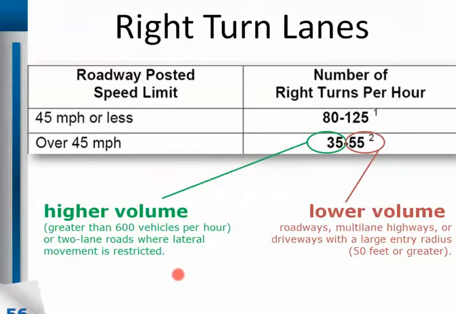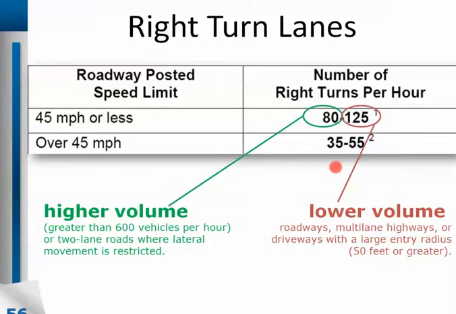So if it's high speed, high volume, it would be 35. If it was a lower volume roadway, then you might even go to 55 right turns before you require an exclusive right turn lane into that driveway or development.